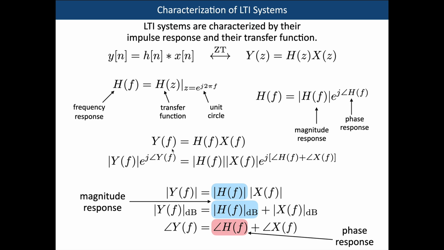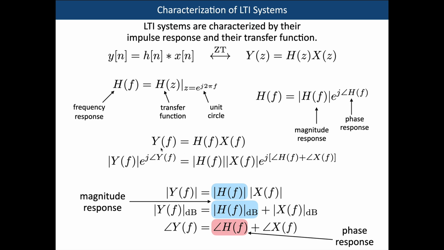So here we are with the Fourier transform version of this Z-transform expression up here, where we've evaluated on the unit circle. So this is the Fourier transform of the output signal, equal to the Fourier transform of the input signal x times the frequency response of the system.